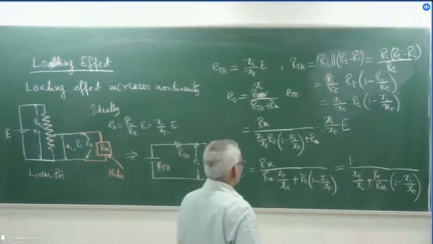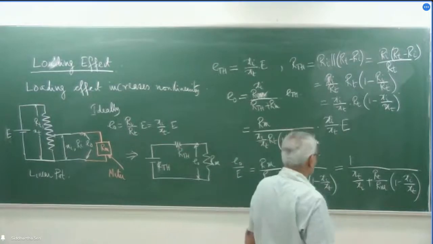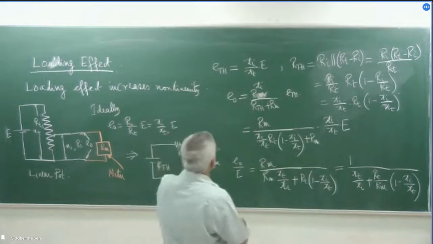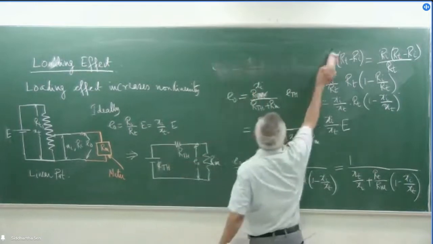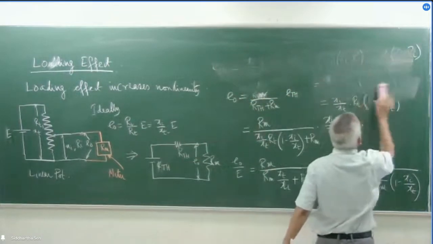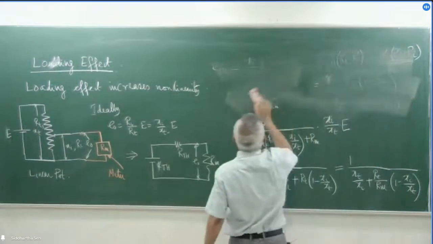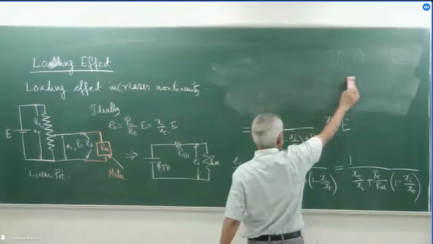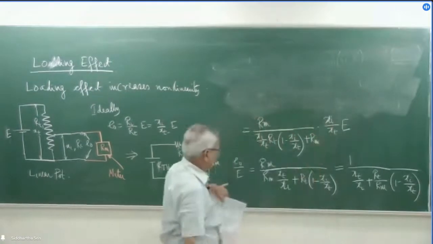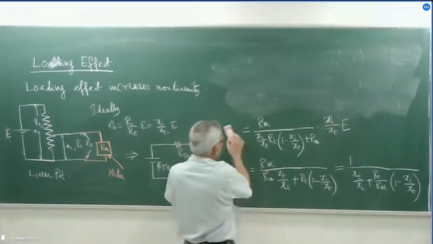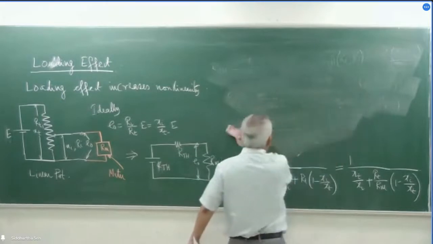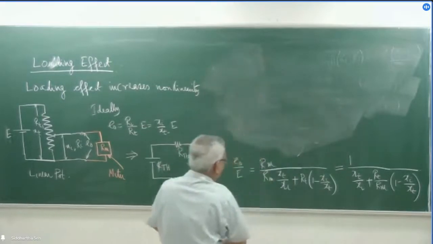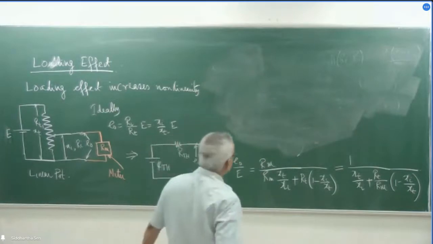So now the question is, if the meter has very high resistance, so if your Rm is tending to infinity, what will happen? If Rm is almost infinity, I hope this relationship is okay for you. Please check it.